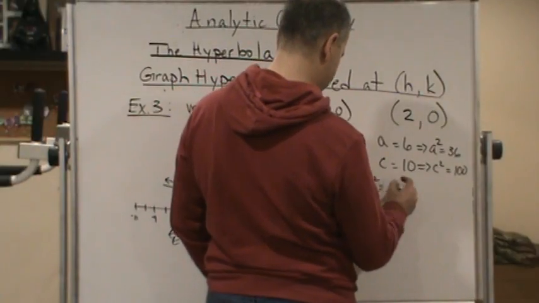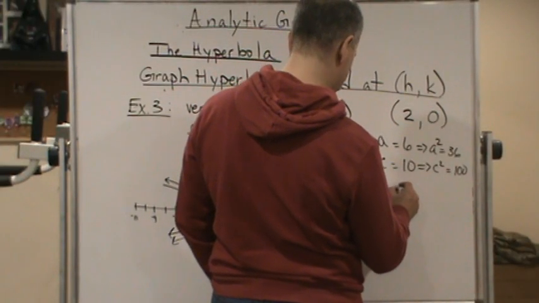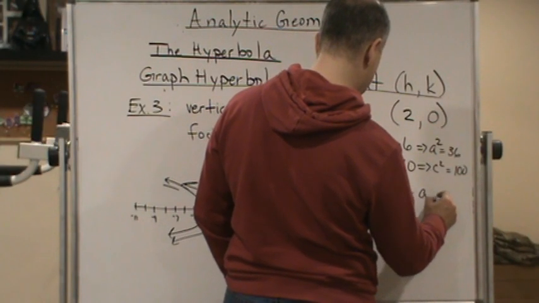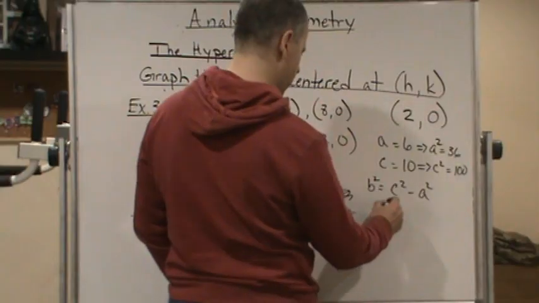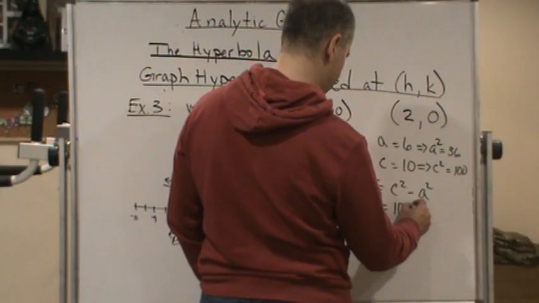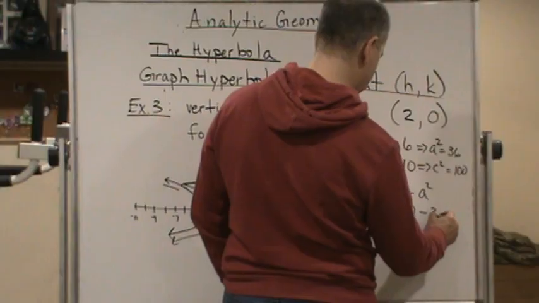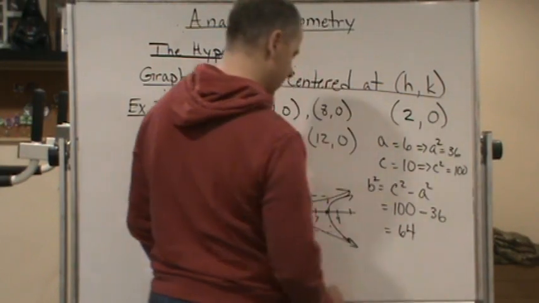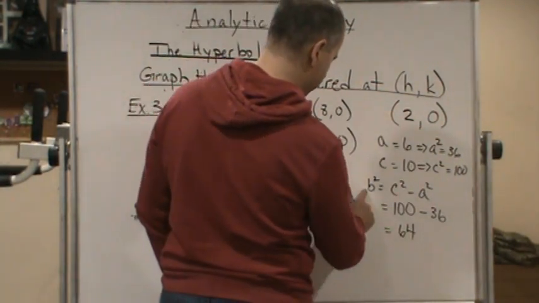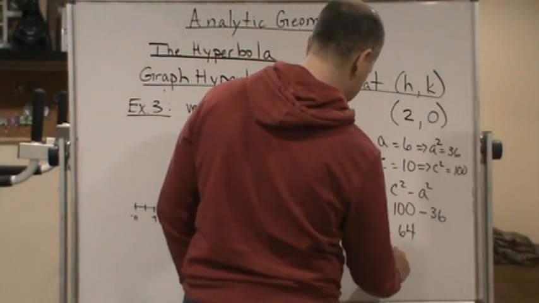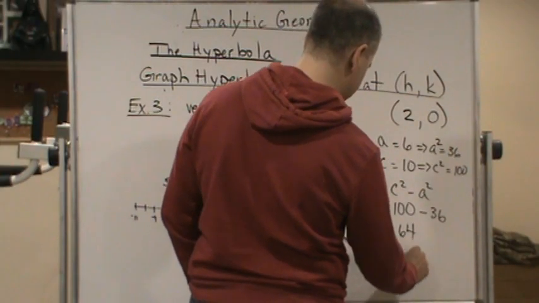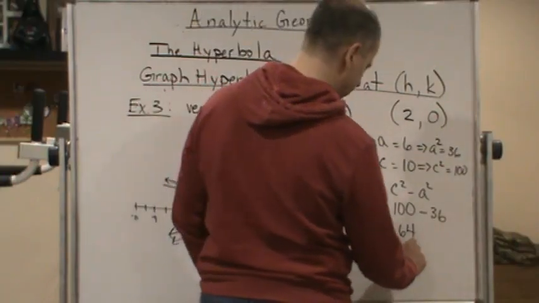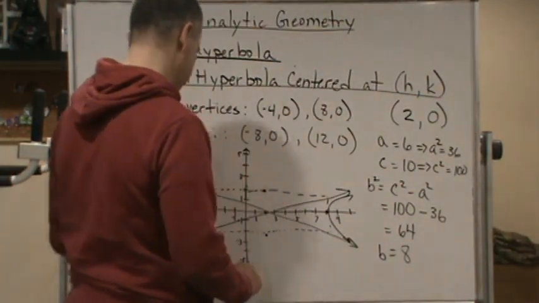B squared equals C squared minus A squared, which is 100 minus 36, which equals 64. Now b squared equals 64, so b is plus or minus 8, but remember, b is assumed positive, so b is equal to 8.